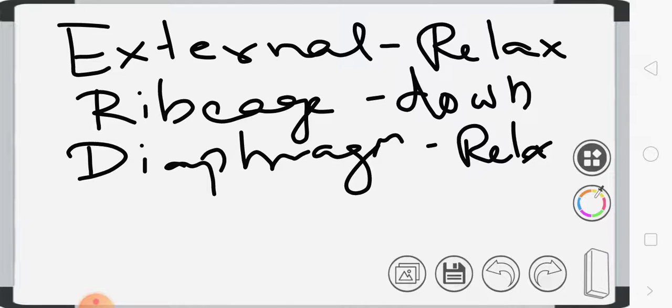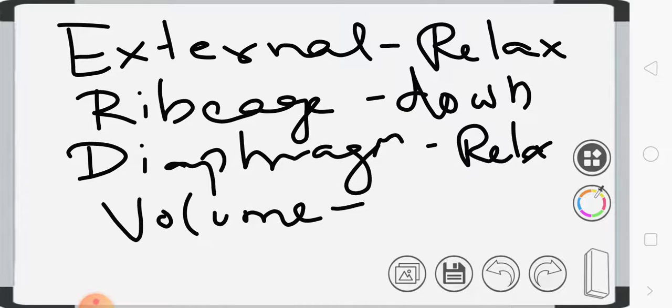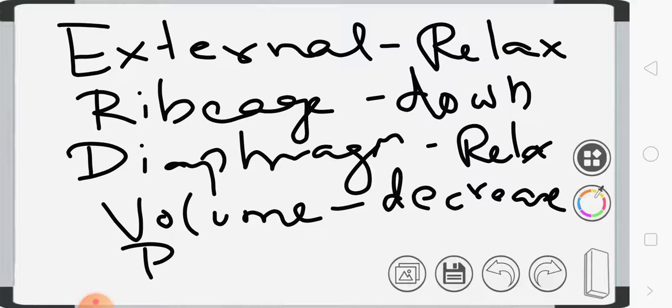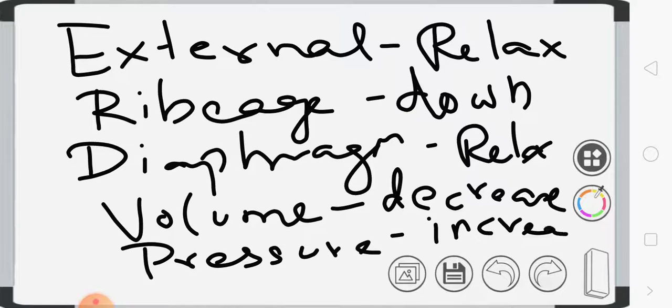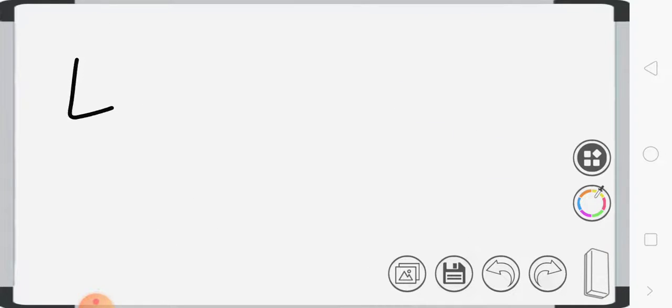And then what happens to the volume? The volume of the thoracic cavity decreases. Because of this decrease, the pressure increases, and because of this, air is forced out. And that's exhalation.